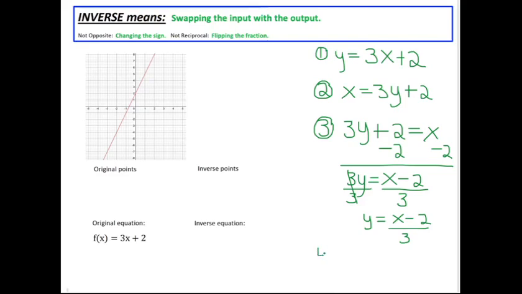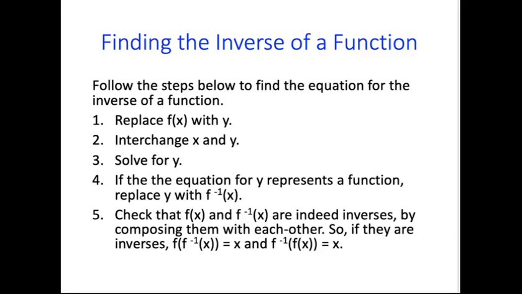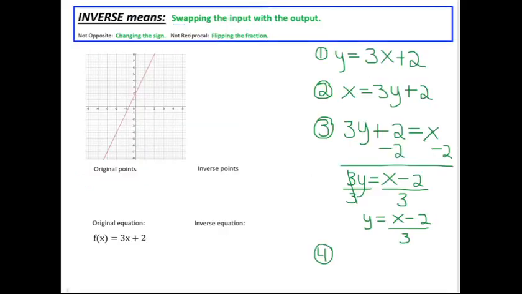Then I'm going to go to my fourth step. So let's look back and see what that is. The fourth step is that if the equation for y represents a function, we replace y with f inverse of x. Now, how do we know if it's a function?